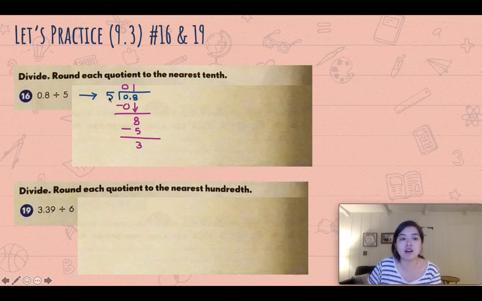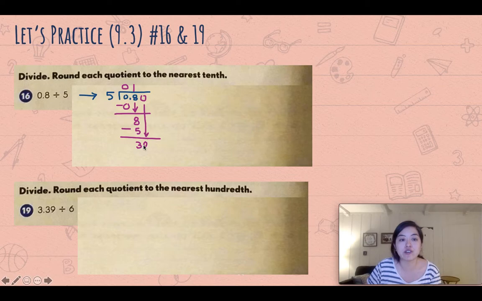And now I can't get, let's see, so what I'm going to do now is add a trailing 0 to my 0.8, because that doesn't change my value of 0.8. Okay? So I added a trailing 0, and then I'm going to drop my trailing 0.